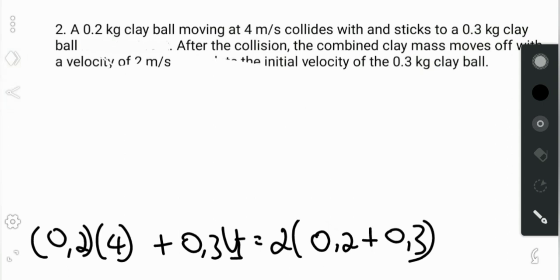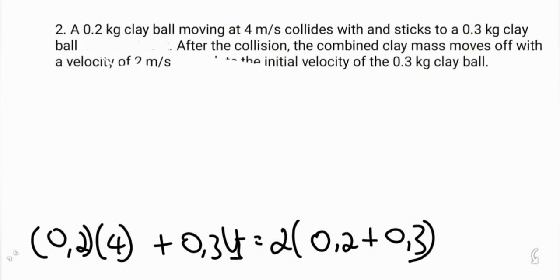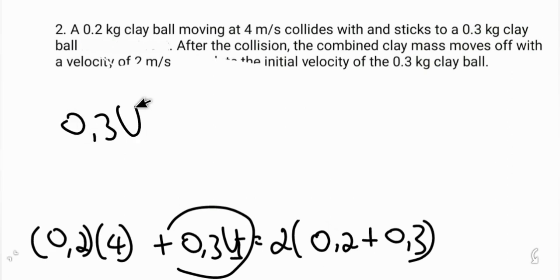Now on the left of our equation, let me also transpose 0.2 times 4 to the right of the equation so that we can solve for the initial velocity. On the left, you're going to be left with 0.3 times the initial velocity. On the right, it's 2 times 0.2 plus 0.3. Then you subtract 0.2 times 4.